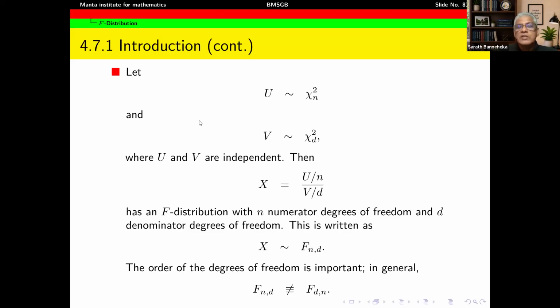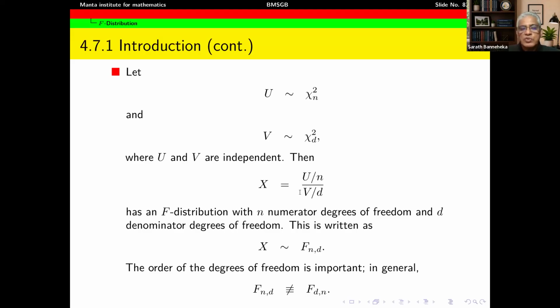And in addition, suppose that U and V are independent. Then if you define X to be U divided by its degrees of freedom, divided by V divided by its degrees of freedom, this quantity is a new random variable.